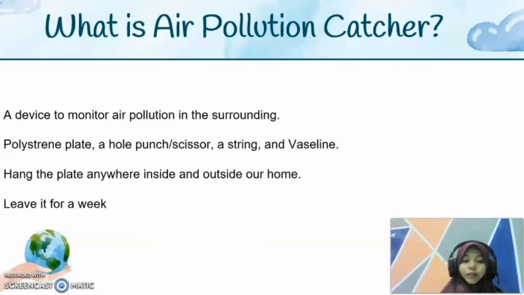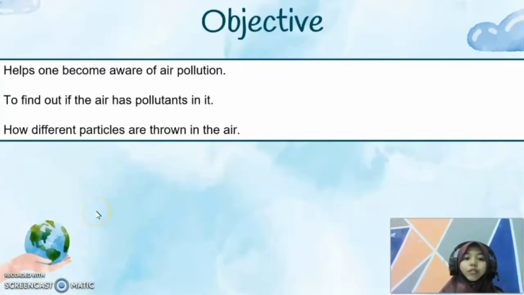We are going to hang the plate anywhere inside or outside our house, and then leave it for a week in order to observe and monitor the difference between before and after a week. The catcher is hung inside and outside of our house. Next, the objectives of our air pollution catcher.